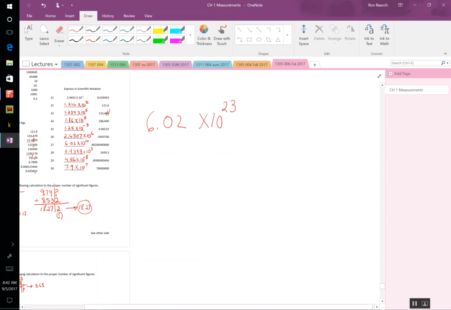But another value of scientific notation is, let's say that we knew that San Antonio had 1,300,000 people in it. And you look at that and say, boy, there's 5 zeros after. There's no decimal point.